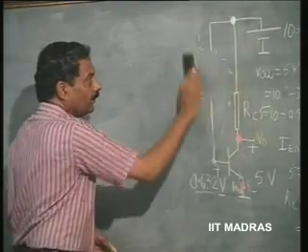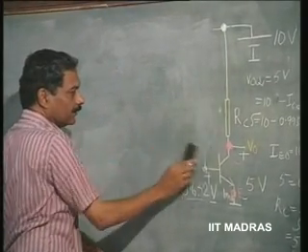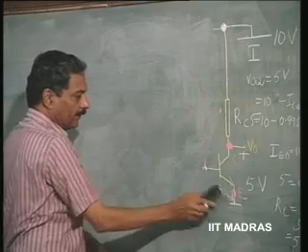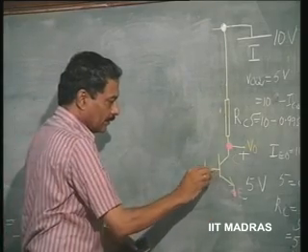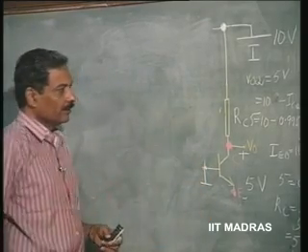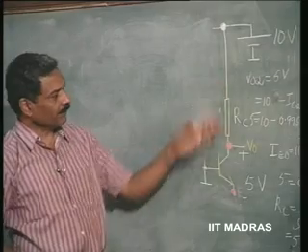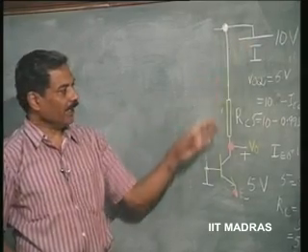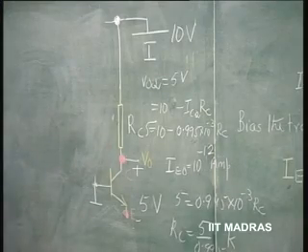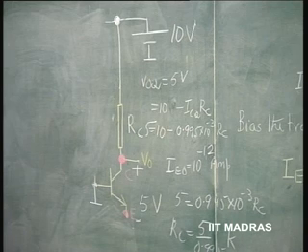So, I do not want to fix this current, but I can fix IEQ. I will fix the reverse bias voltage using this supply and RC, but now I will decide to use another supply for forward biasing, independent supplies for forward.